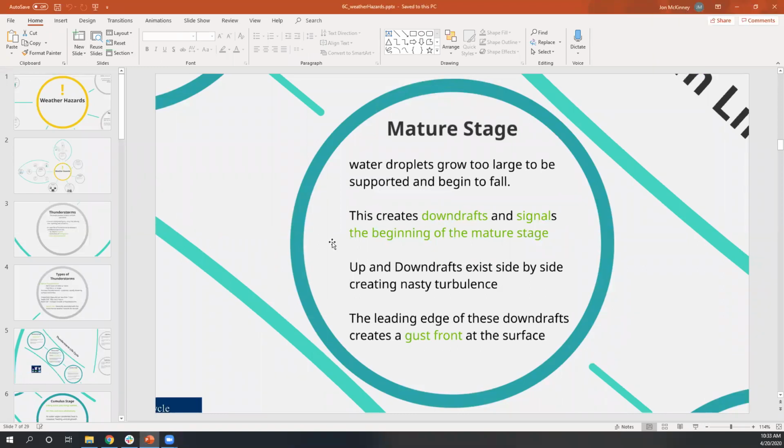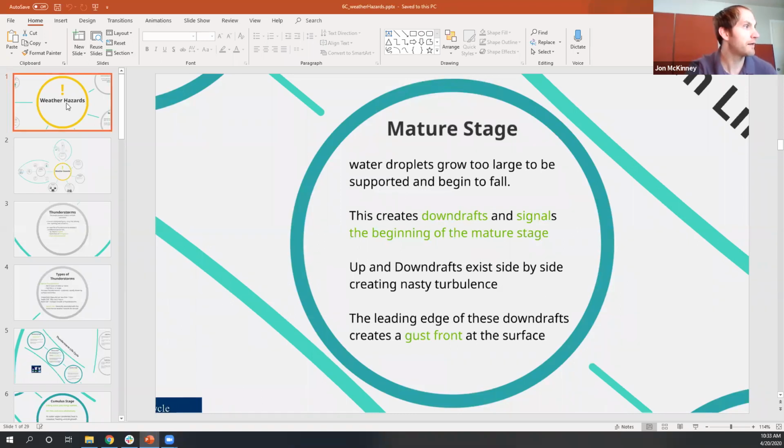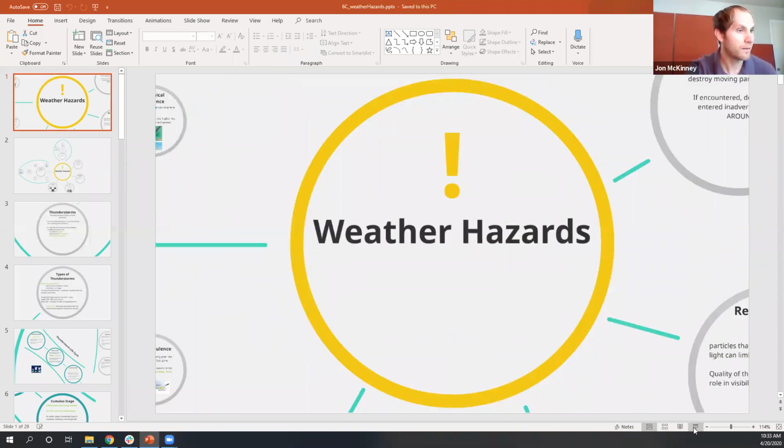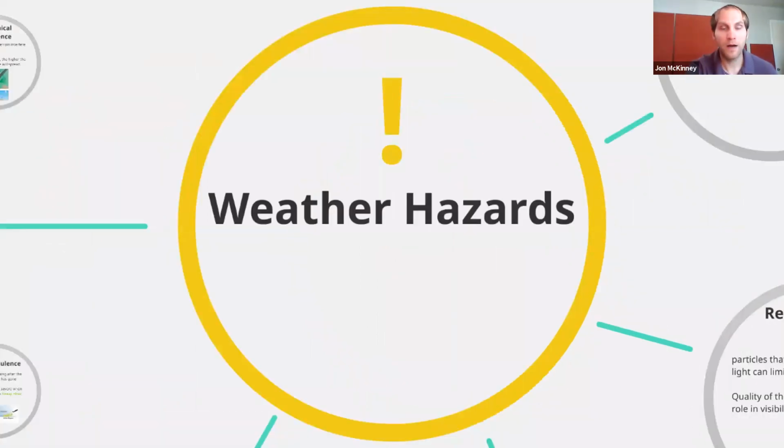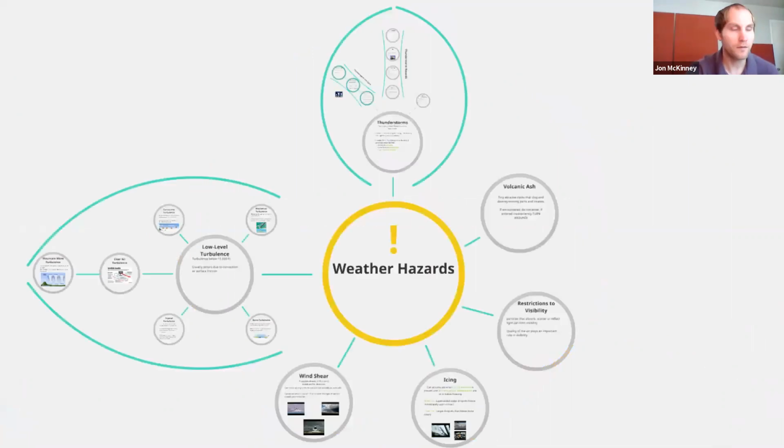Yes. Sure. Awesome. Good deal. We're doing the right things. All right, it looks like it's loading up. Weather hazards. So weather can be hazardous, especially for us flying in the atmosphere. So here's what the Prezi presentations look like. We've been cutting and pasting these into PowerPoint so they flow a little bit better with our streaming.